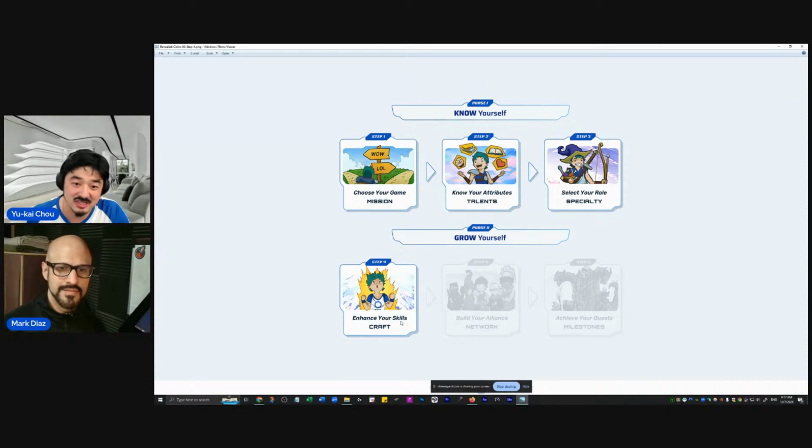But if you don't have those skills, like many people, but let's say you have communication and persuasive skills, you can still become, for instance, a diplomat to negotiate international treaties that are good for the environment. And you could be a lobbyist. There's a lot of things you could do. So you first choose the game, then you understand your attributes, and then you select your role. And then it's what Mark talked about. At that point, you're like, what are the skills I need to learn to become the strongest player on my server with that role? And that's step 4.